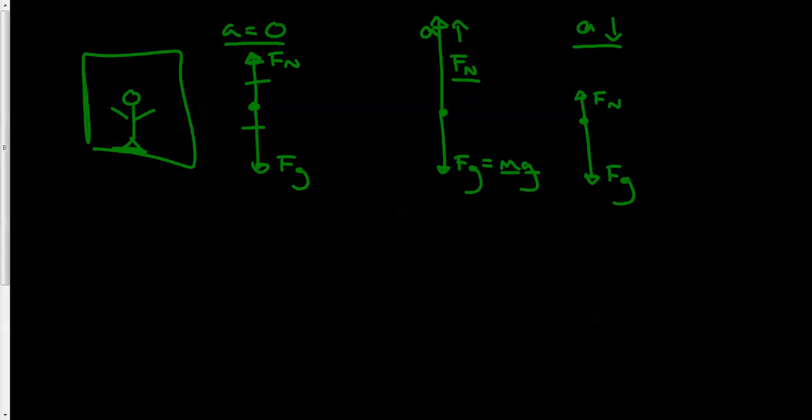Now, just one last thing to point out: an acceleration up can be speeding up in the upward direction, but it can also be when we are moving down. Let me just change the color here.